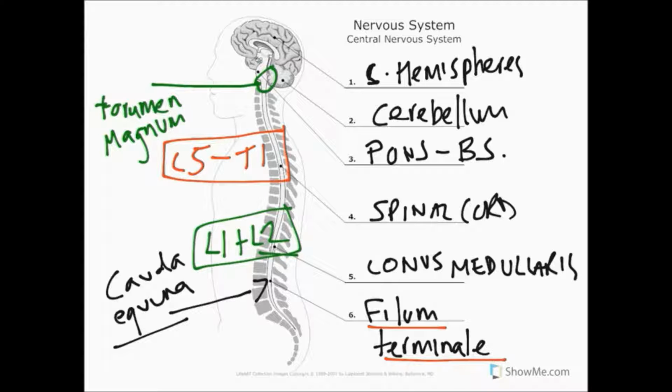There's another one which is known as the lumbosacral enlargement, and this occurs at L1 to S3, and this is a pretty similar arrangement to the brachial plexus, but this time it's called the lumbosacral plexus, and its job is to innervate the lower limbs and also structures inside the pelvis. So that's pretty much it for this diagram. We're going to move on and have a look at a cross section now.